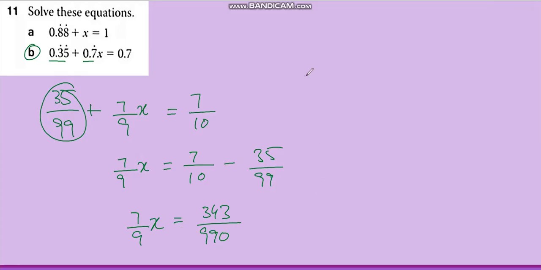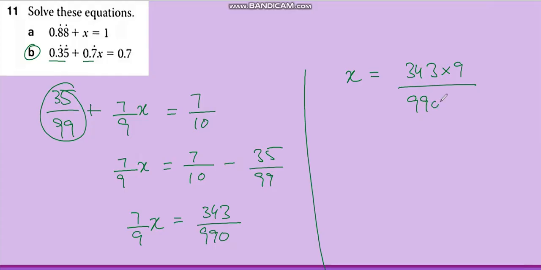Now we can multiply both sides by 9 to remove 9 from the left side, and we can divide both sides by 7 to remove 7 from the left side. And then we will get 343 times 9 over 990 times 7, because here 7 is being divided by this number. So finally, we will get our answer as 49/110.